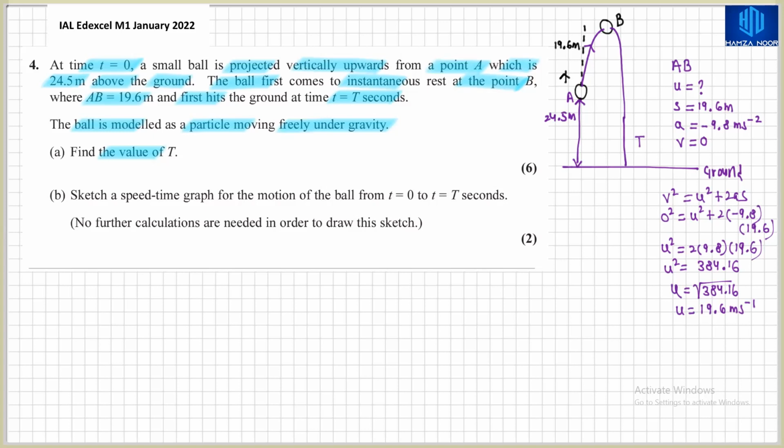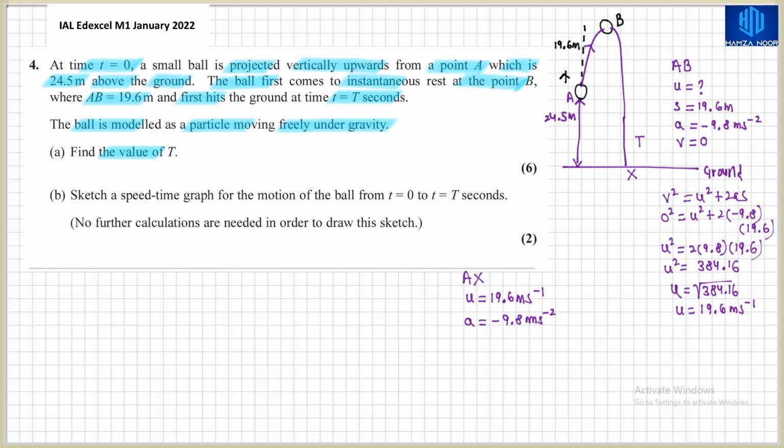All right. So now we are going to consider the whole journey, in which the time duration is capital T. Let's say this point is X. We are considering the journey from A to the point X, and here the initial speed is 19.6 meters per second, as we have already found, and acceleration would be minus 9.8 meters per second squared, as we are considering the whole journey.